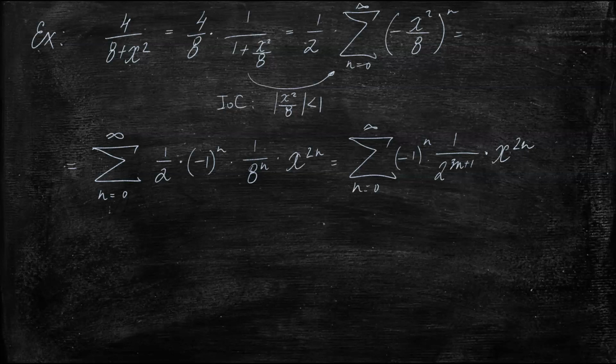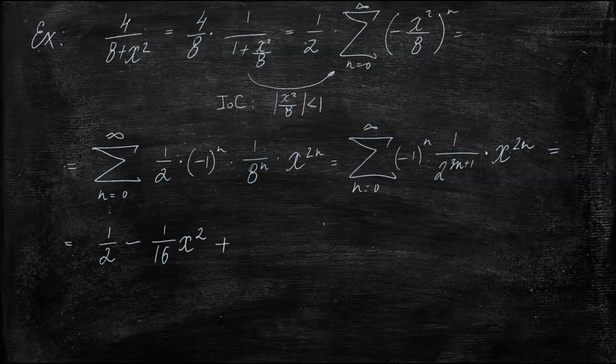And if I had to write the first 5 terms, I would have just expanded it. Might as well. So when n is equal to 0, we have 1/2. When n is equal to 1, we have 1/16 x squared.